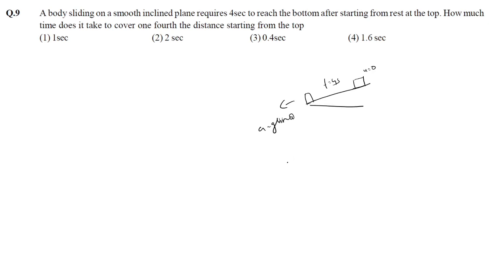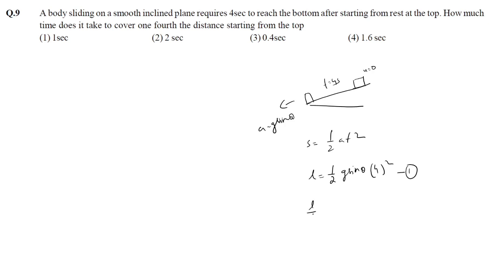Now according to the formula S is equal to ut plus half at square, we can write this as half at square, and L is equal to half g sine theta into 4 square. This is one equation.